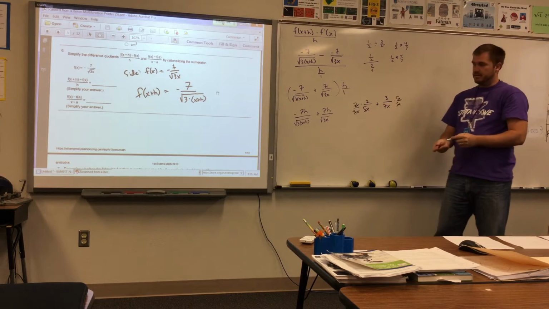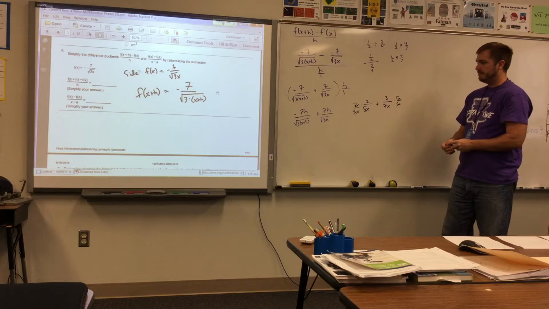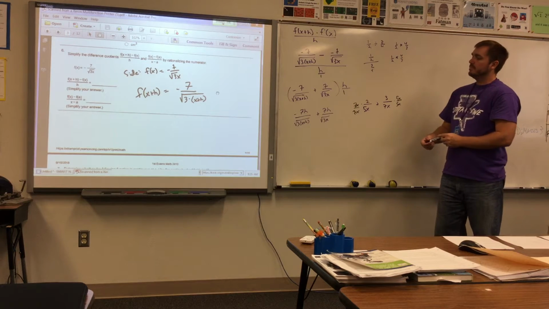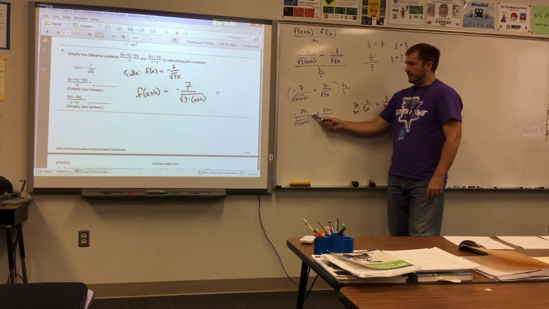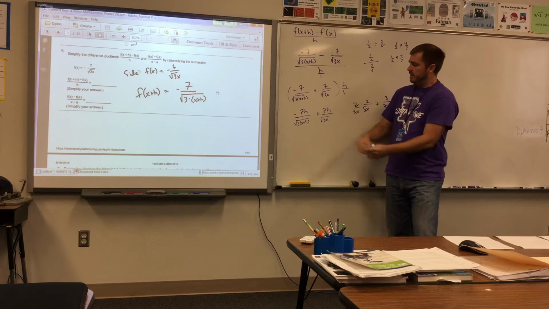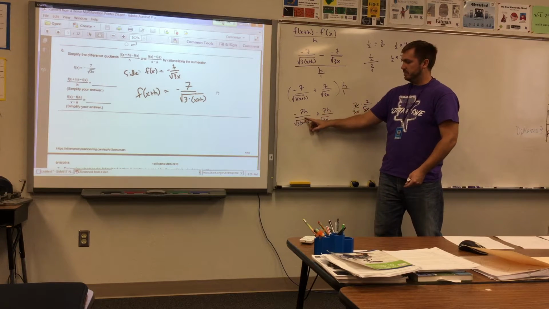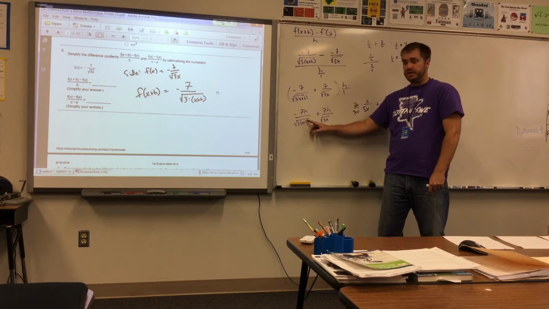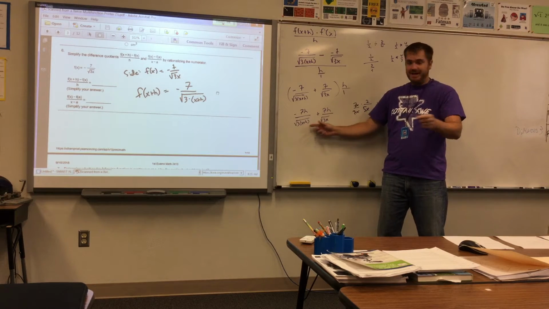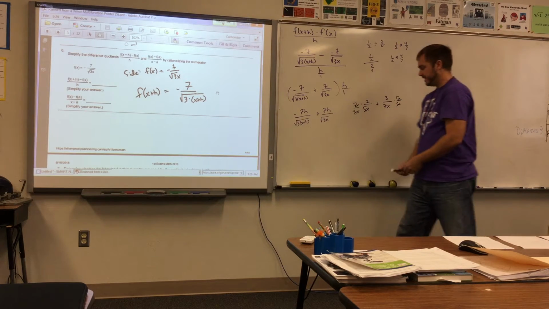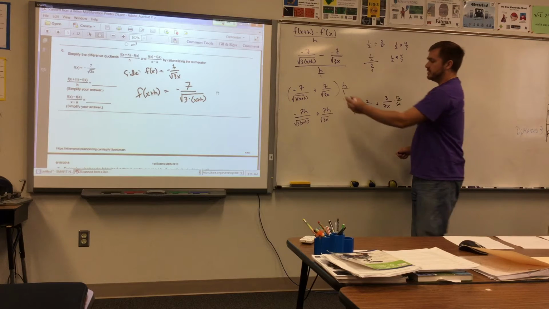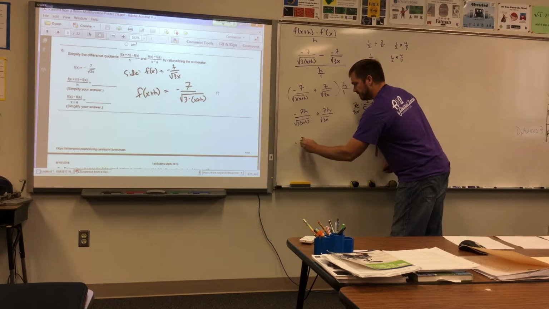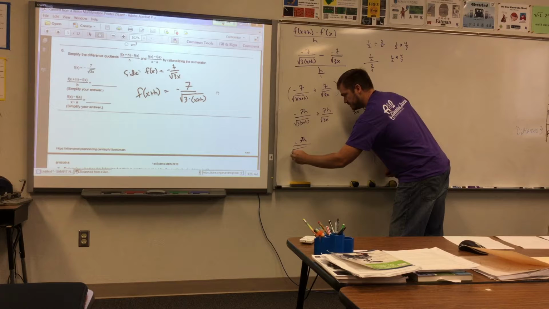Also, you could multiply by the square root of 3h times square root of 3h. I could, and that would get rid of the square root of the denominator here. However, I still have 2 terms. Okay, so I'm going to write this. So -7h, I don't mind using a board space because I can erase.